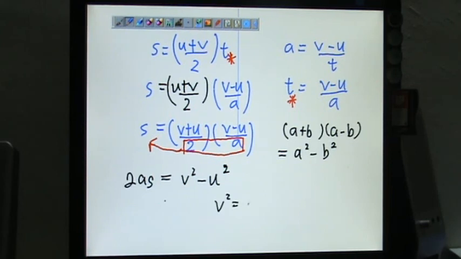Therefore, again, you will see a very familiar image of this formula: v squared equals u squared plus 2as. So you are familiar with this. I use a red marker to draw this for you, then you know what I'm talking about.